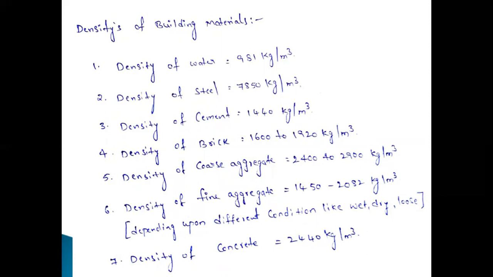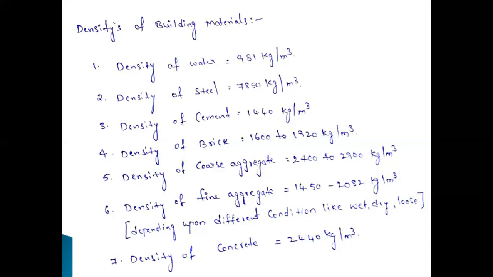Density of cement, 1440 kg per cubic meter. Density of brick, 1600 to 1920 kg per cubic meter.